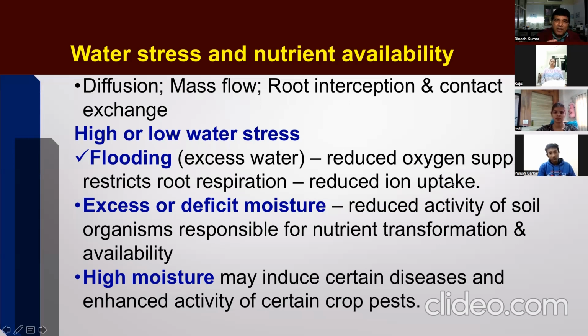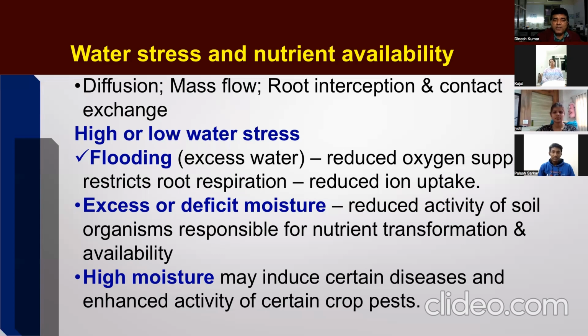So in excess water, plant will suffer from water stress itself, means it will be short of water. Plant cannot take up the water, though water is around, because of shortage of oxygen. For the root activities, you need oxygen. So therefore, the uptake of nutrients and uptake of water will be adversely affected under flooding or waterlogged conditions.